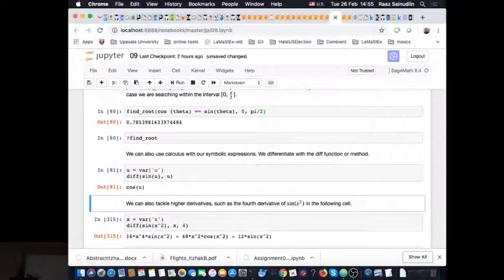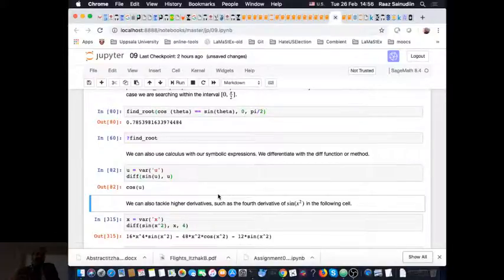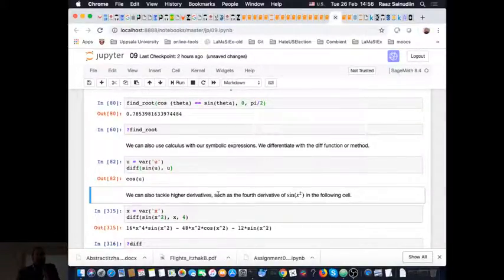Okay, so if you have a very complicated log likelihood function you would work out from the problem, then once you've done that, you can just pass it to the diff function. It'll give you, if it can, the derivative in terms of u right away. Well, the derivative of sine of u is cosine of u, right?